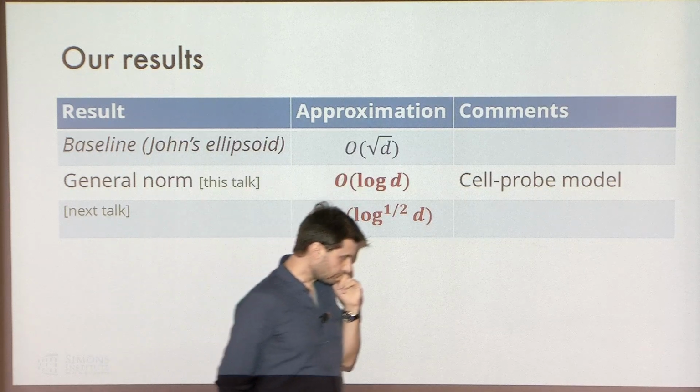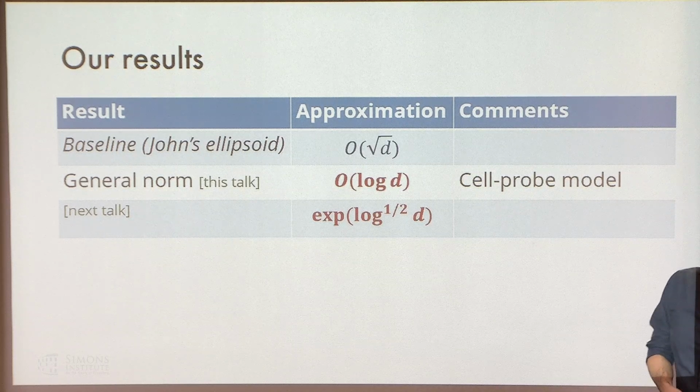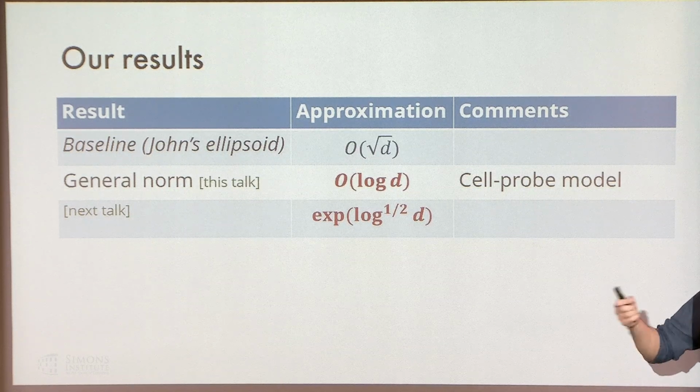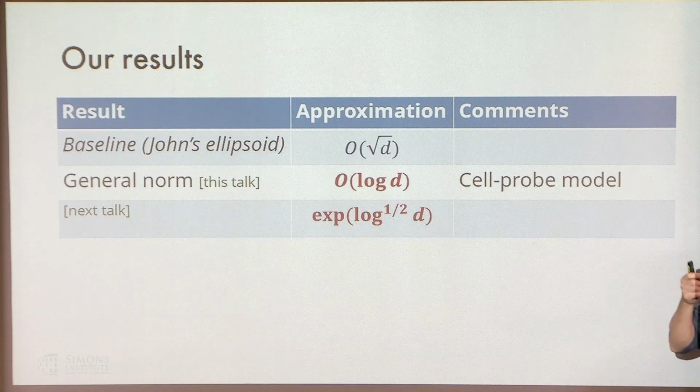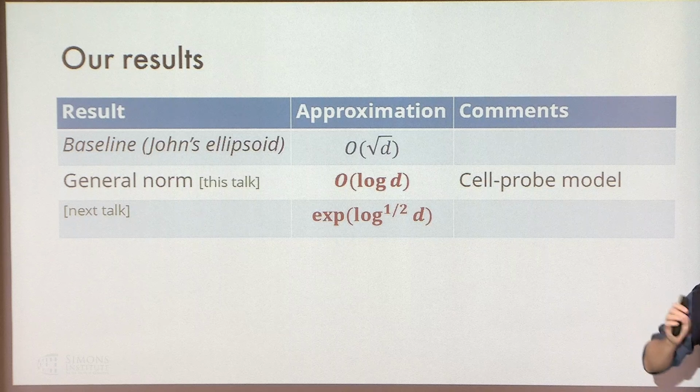One caveat is that we don't quite get a data structure. We get what is called a data structure in the cell probe model. The n^epsilon query time is not the total time it takes to run the query. It's actually more, but the number of probes into the data structure is n^epsilon.